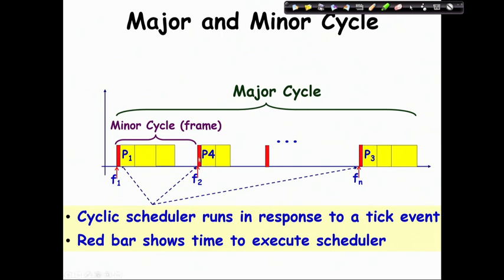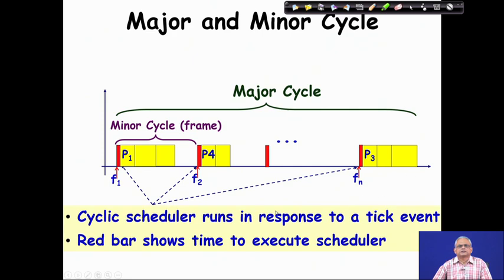The cyclic scheduler becomes active, consults the schedule table, finds the task to run next, which is P4 in this case, and then initiates execution. It completes early, and then the next frame, and so on. And after the major cycle, this schedule is repeated.